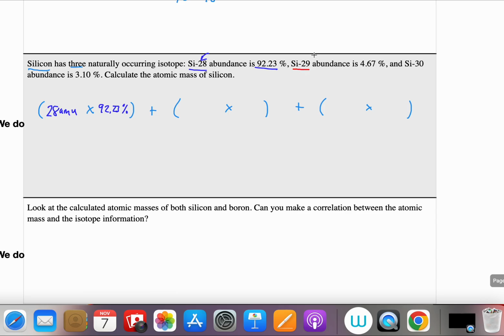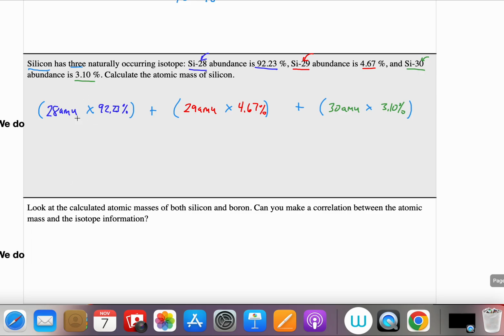My next isotope is identified as Si-29. I'm not told anything else in reference to mass, so I'm going to use 29 AMUs times a percent abundance of 4.67%. And then I have my third isotope, silicon 30, so I'm going to use the hyphen number as my mass, 30 AMUs times its percent abundance of 3.10%.